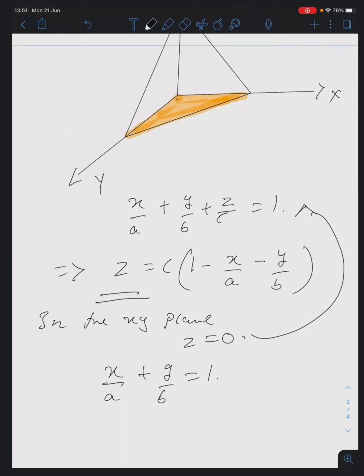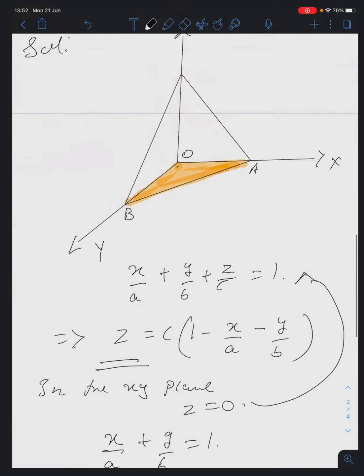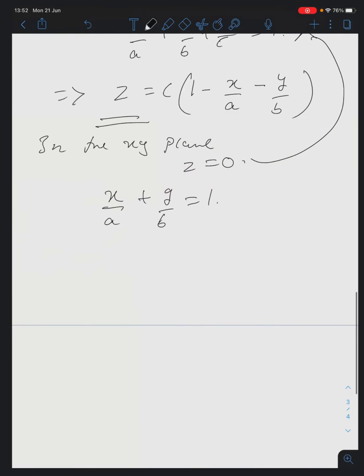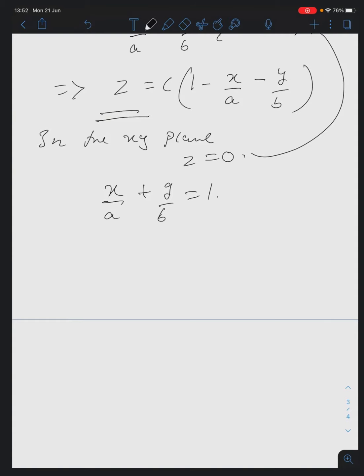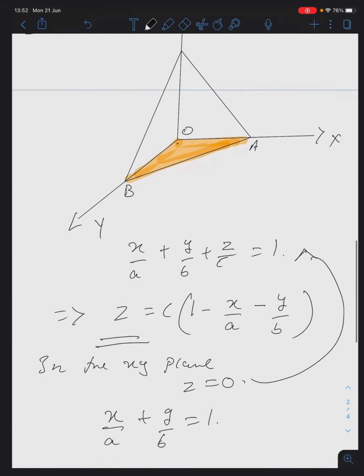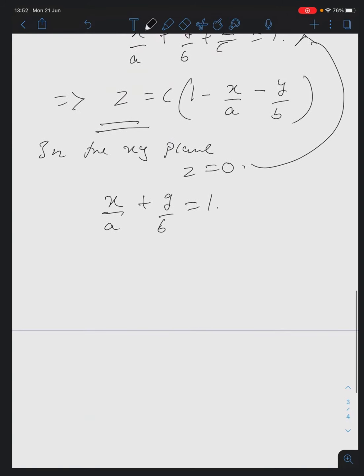So if I name them, this point I will say is O, this is A, and this is B. So the region R in the xy plane is a triangle OAB bounded by what lines? Tell me. If you are not able to understand this 3D graph, you draw the same triangle in the xy plane itself without z.